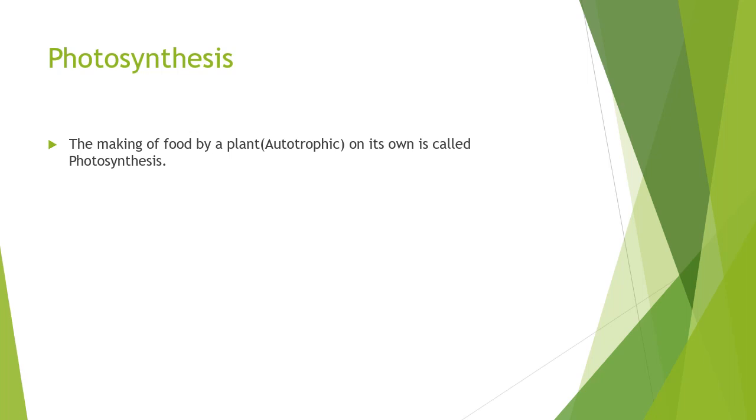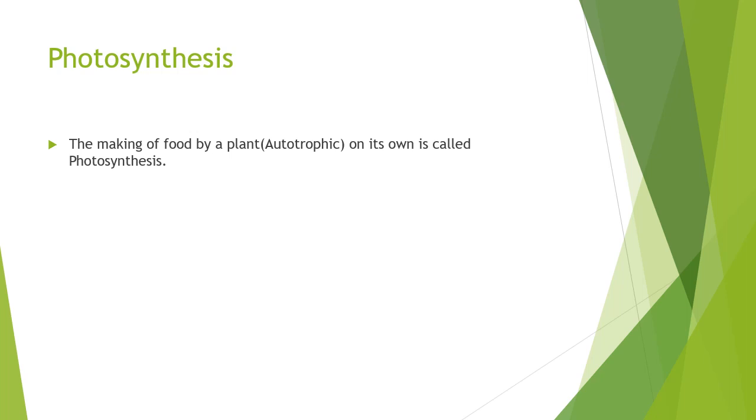So now in this slide we will be looking at photosynthesis. Now I think that you all are familiar with this term. I think you would have learned this term in your previous classes also. So what is exactly photosynthesis? The making of food by a plant on its own is called photosynthesis, and the plant should be autotrophic, and this process takes place inside the leaf of a plant.